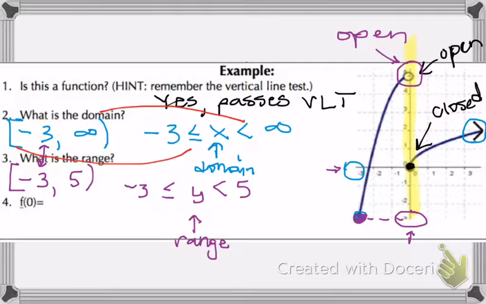Now, this next piece, you're actually going to do more notes on this tomorrow, but we will talk about it because it's already on these notes. So this f of 0 is basically y equals what when x equals 0. So x equals 0 is right here.